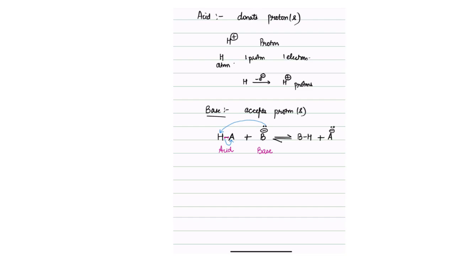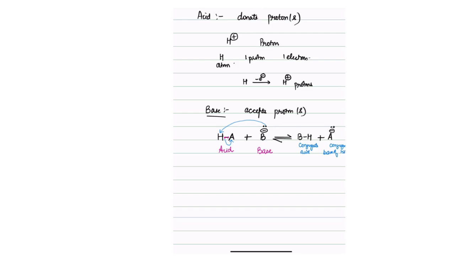Now, the species BH is formed when the B negative base accepts the proton. This species is called the conjugate acid of B negative. And A negative is formed when HA loses its proton, so this is called the conjugate base of HA.